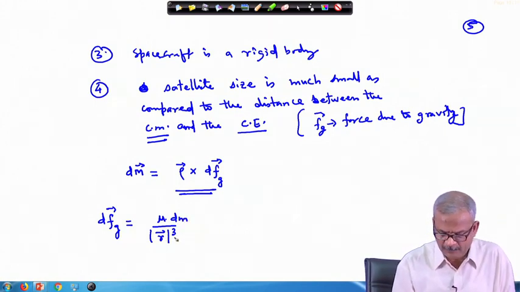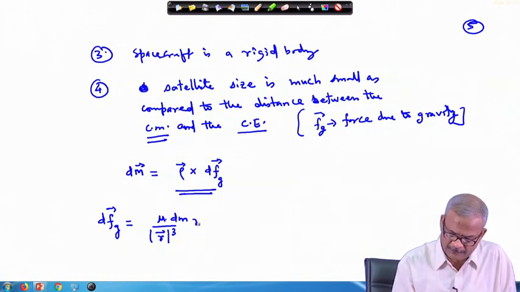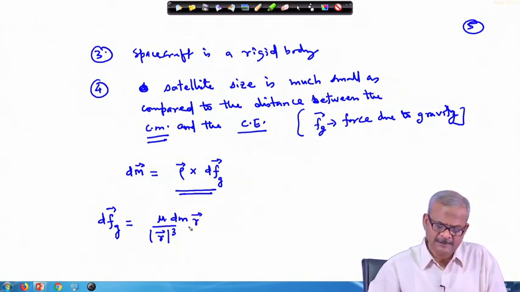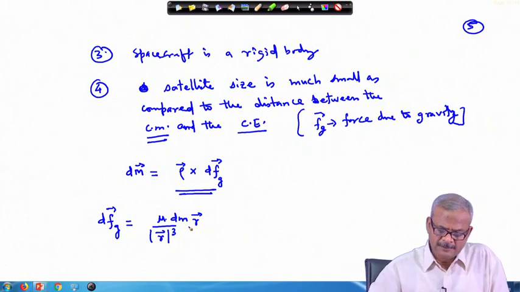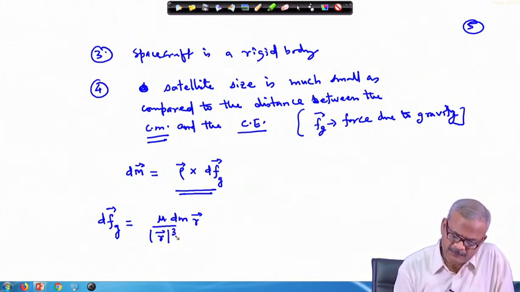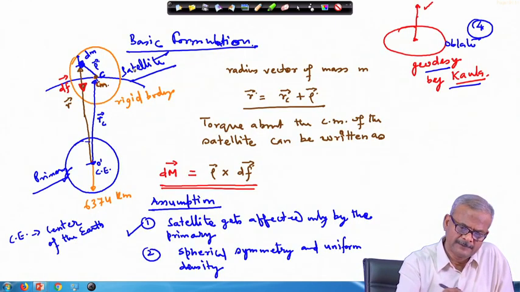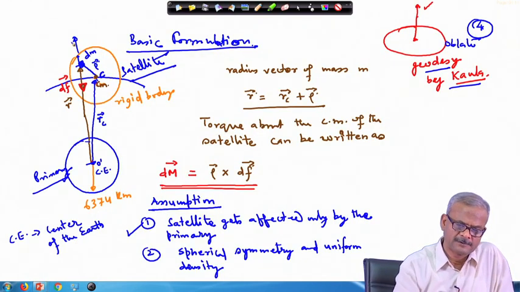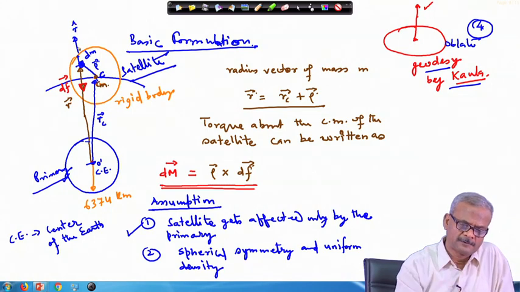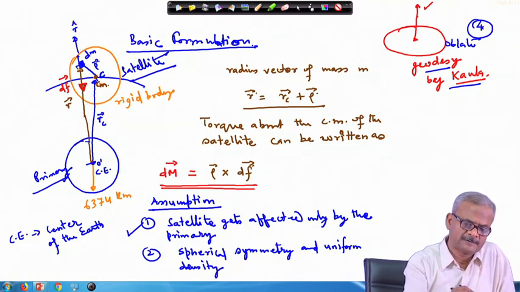Because we have put cube here, we will not write the unit vector, but rather write this as r. If we write r square here, then we will write it in terms of the unit vector along the r direction. This is r cap, while r is a vector along this direction.